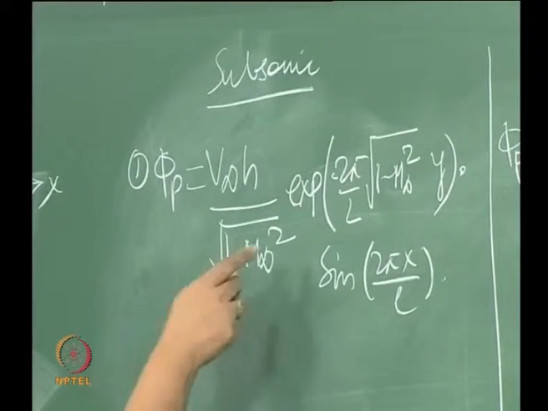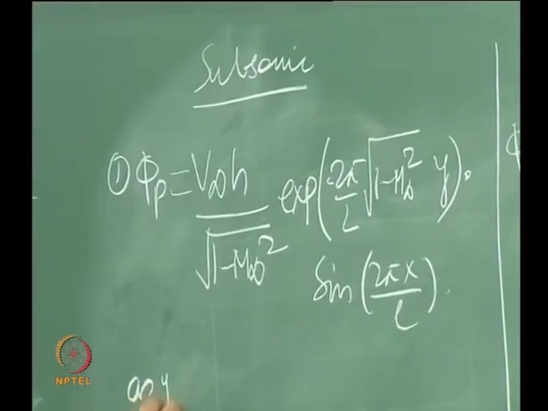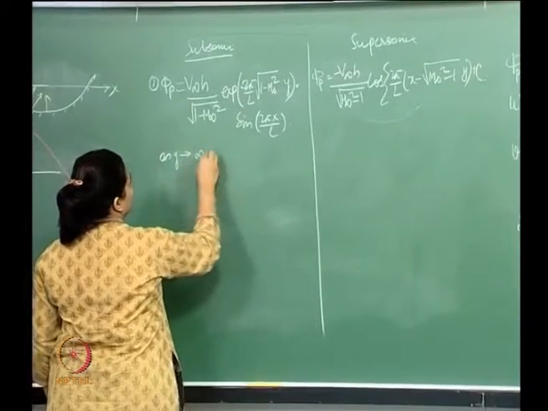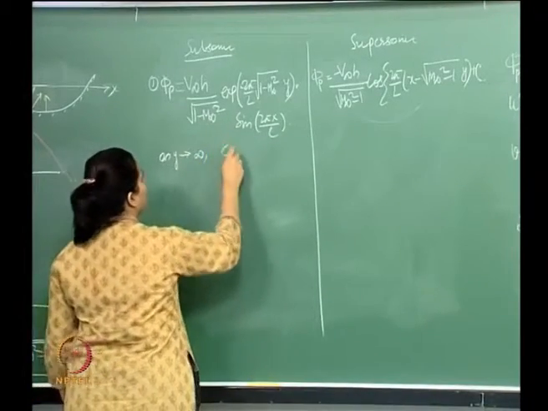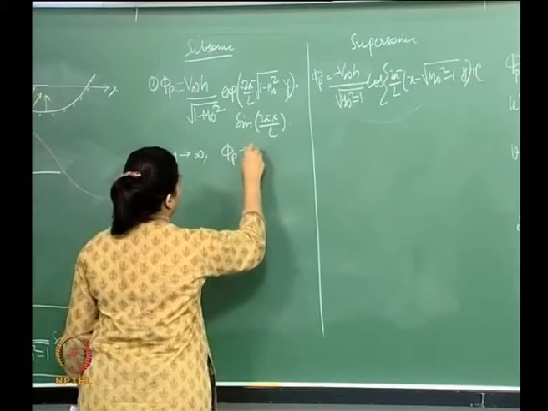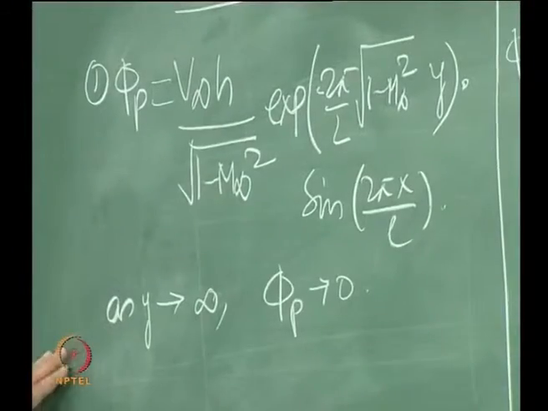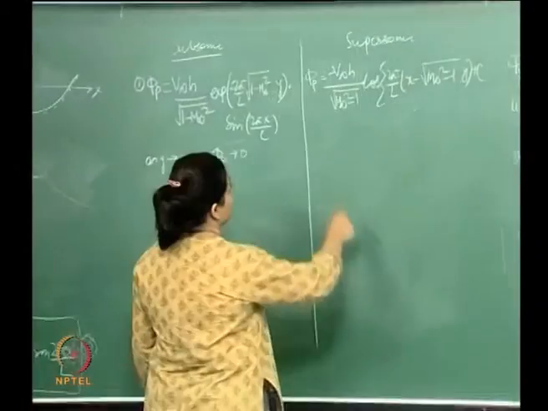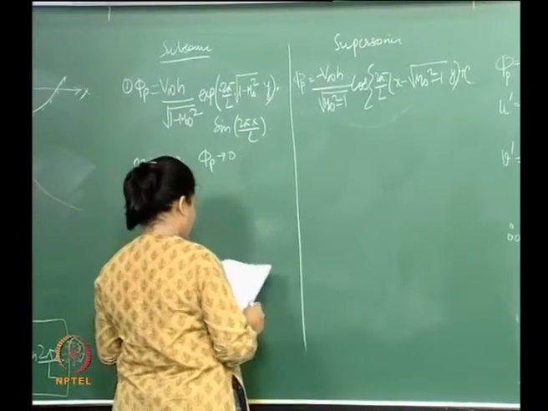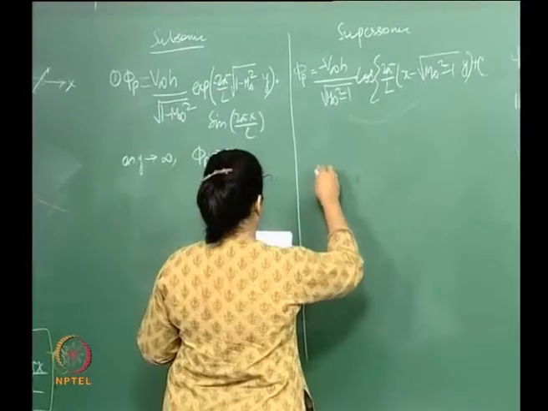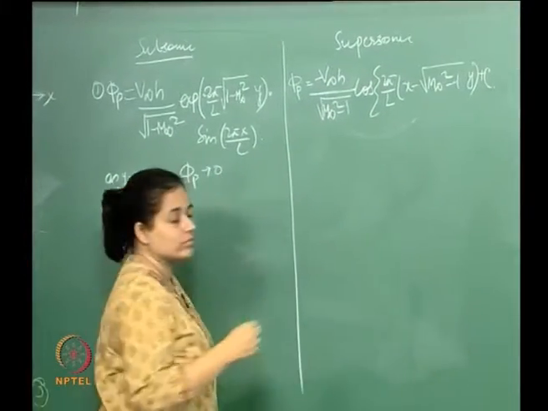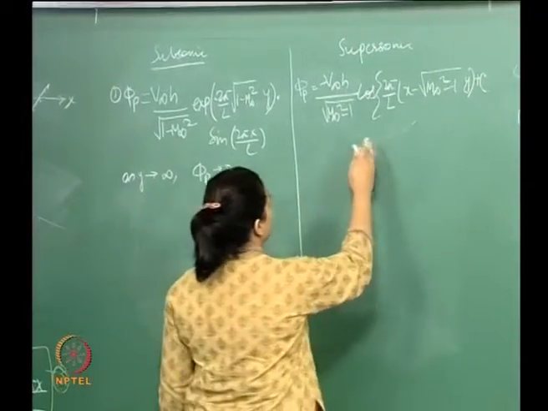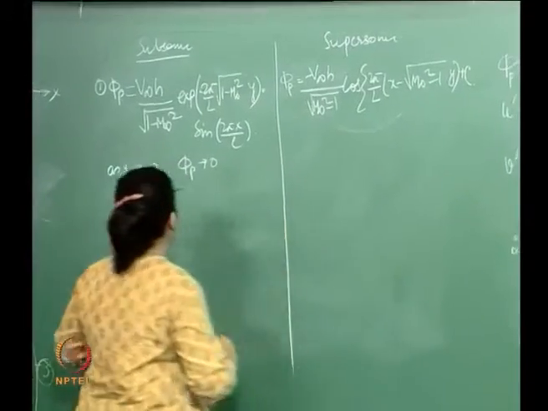As we had seen, as y tends to infinity, as we go farther away from the wall, this disappears. Now if you look here, this does not die out. In the supersonic case, we can't say the same thing.